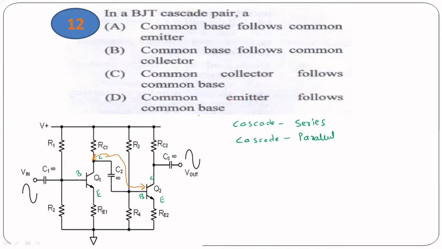So we have two options available: common emitter follows common base, or common collector follows common base, right? Now if you look at the answer between C and D, the common collector follows the common base is the correct answer for this question.